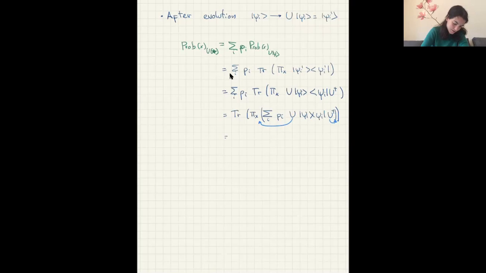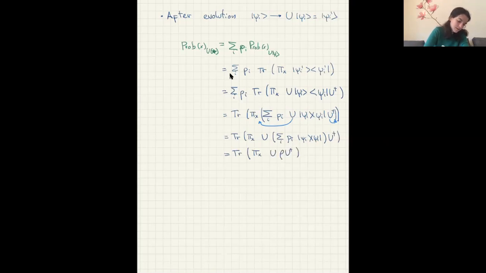So we get the trace of pi_x, and then u, the sum of p_i psi_i, and then u dagger. Well, now this was just rho, right? In the middle, so we just replace it with rho. We have the trace of pi_x times u rho u dagger.